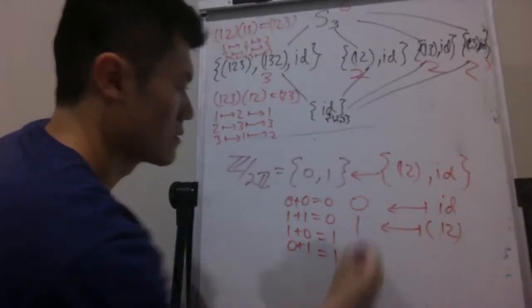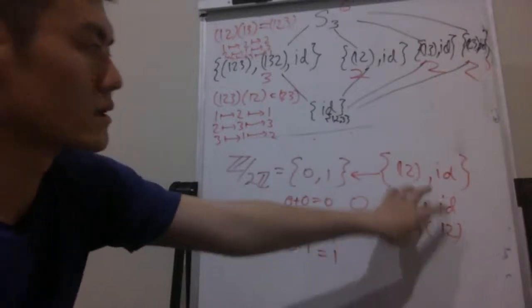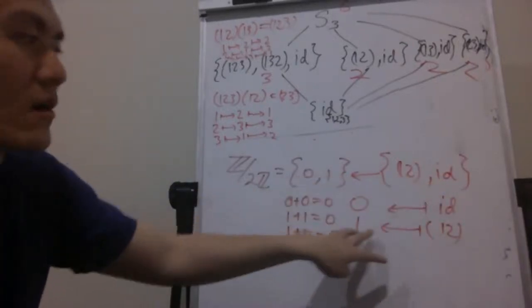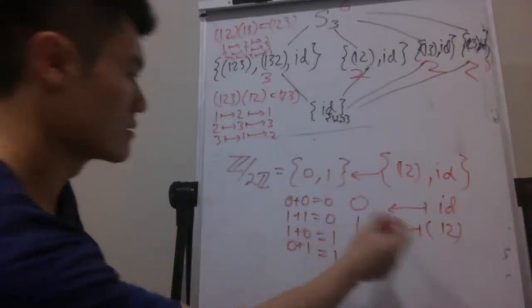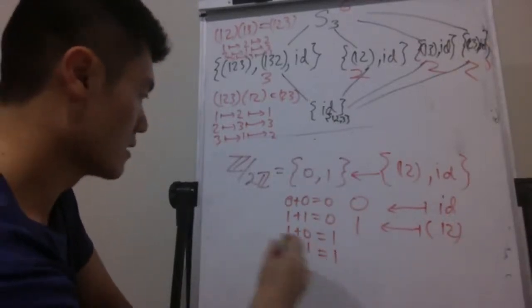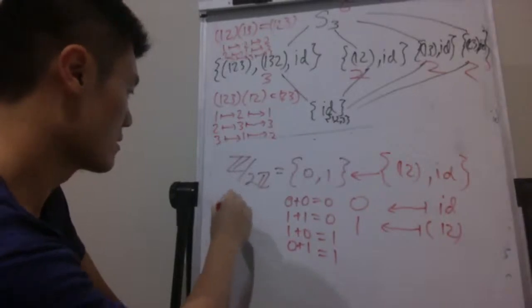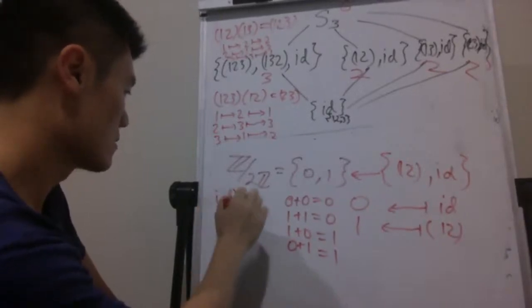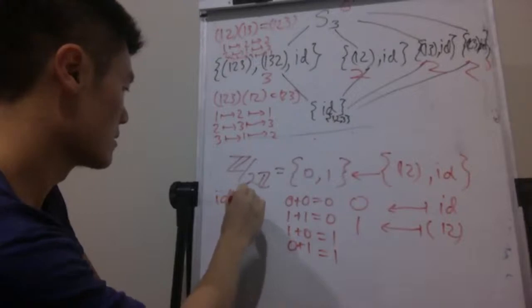So if you correspond these two things to these two things like that, right? Can you see the operations do the same thing? So identity composed with identity gives identity.